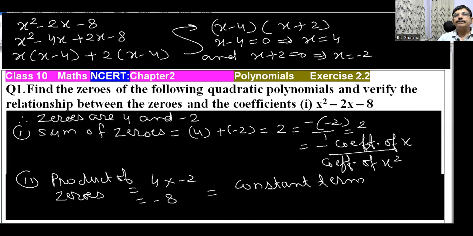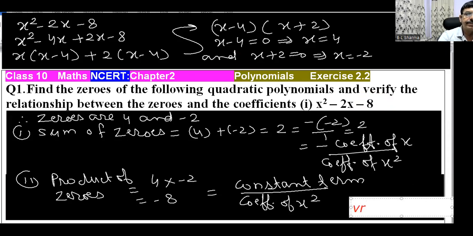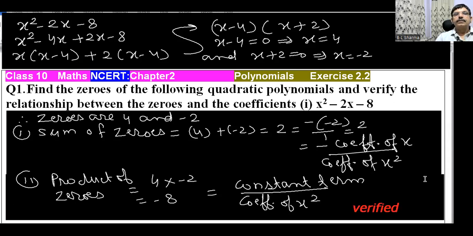This is the constant term, divided by the coefficient of x square. The coefficient of x square is 1. So hence we can say that the result is verified. So that's all for the first part of this question.